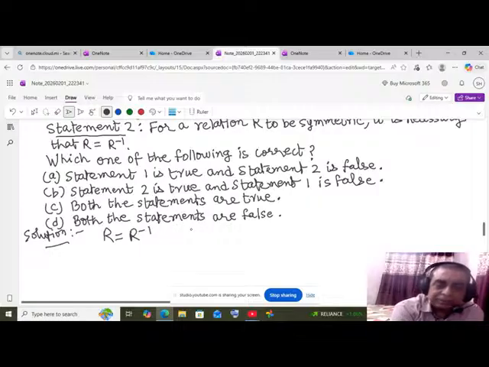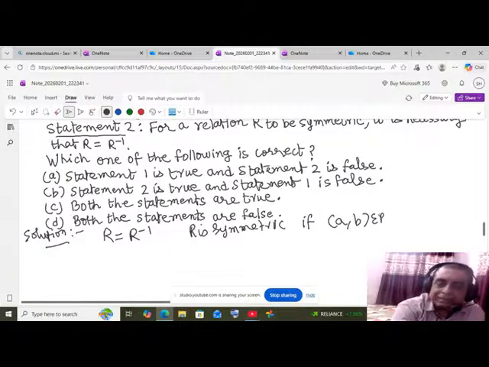A symmetric relation is like this: R is a symmetric relation if it follows this condition: if (A, B) is an element of R, then (B, A) is also an element of R. First it is AB, now change the order, B comes in the first place, A goes to the second place.